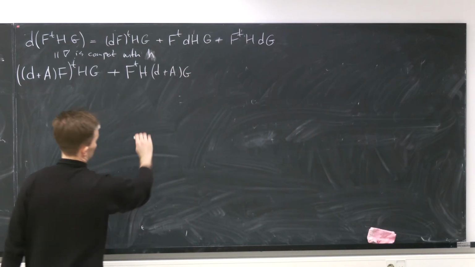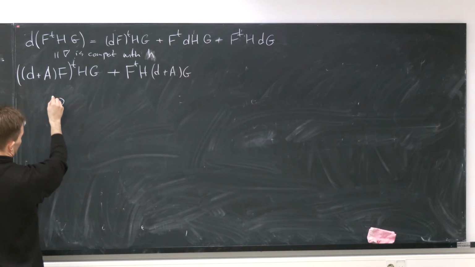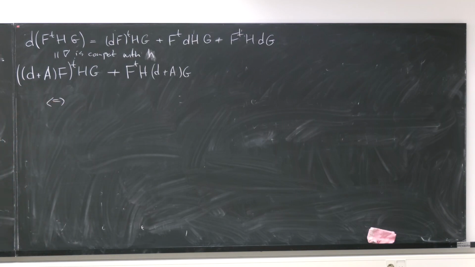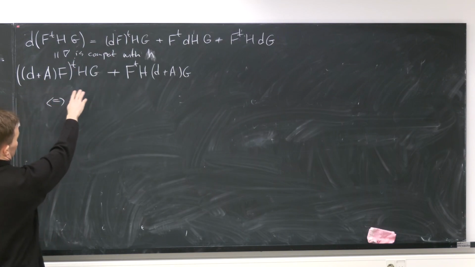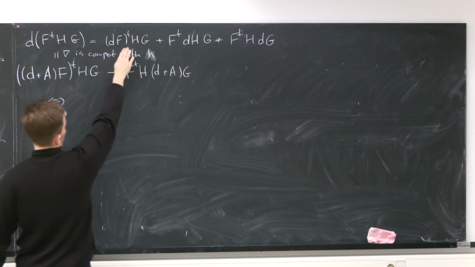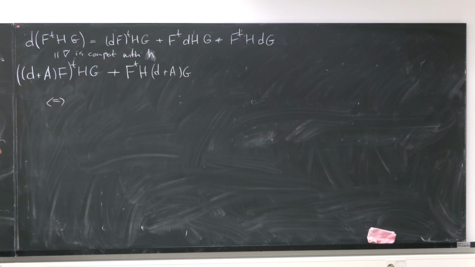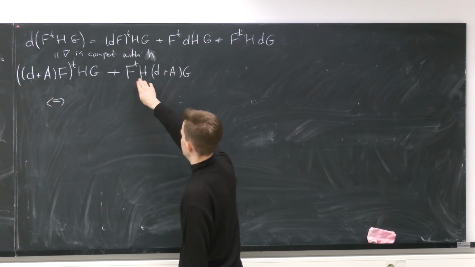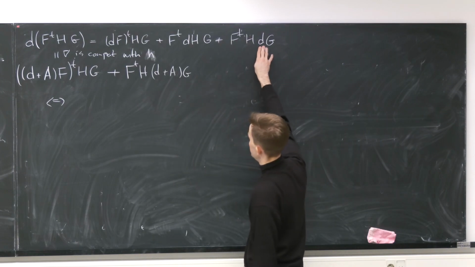In order to satisfy this condition, let me just write down the outcome. So if we compare what happens here, here I have dF transpose H G, so it's the same as this summand. So here I would also have F transpose H dG, it's the same as this summand.